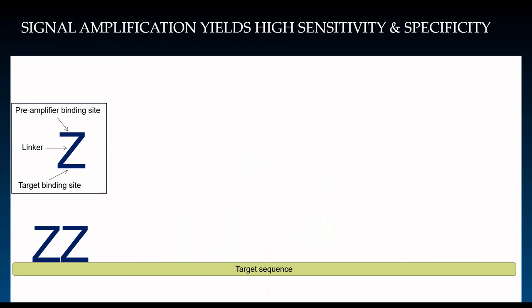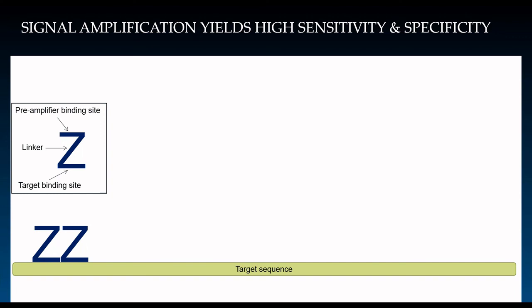In this slide, I want to go over the probe design strategy and the signal amplification system that makes this assay unique and what makes it stand apart from some of the other tools for gene expression analysis. As you can see on your screen, we have the RNAscope probe depicted as a Z molecule.